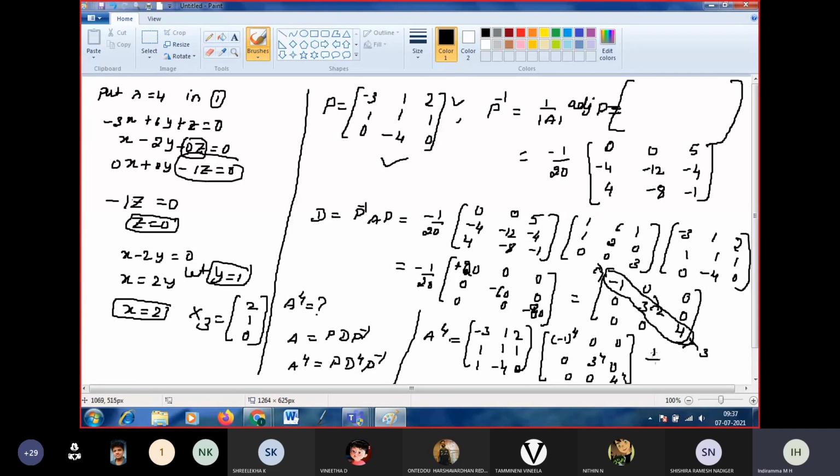You can write the -1 by 20 at the start itself, then P inverse is 0, 0, 5, -4, -12, -4, 4, -8, -1. You have to multiply these three matrices and divide by -20. That will give us A to the power of 4.